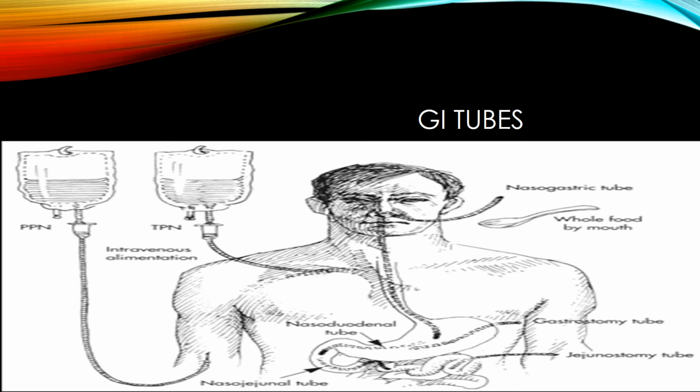We have a nasojejunal tube that goes down to the jejunum, and then you see the tube right here, and then you see the gastrostomy tube as well.